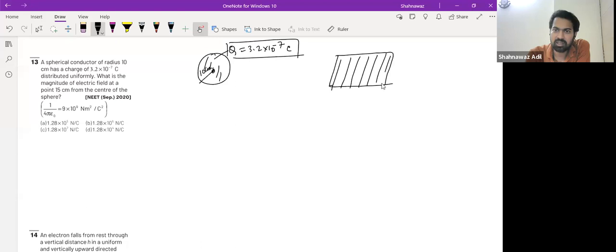If the charges are accumulated on this surface, that is called the surface charge density, and this is denoted by sigma.